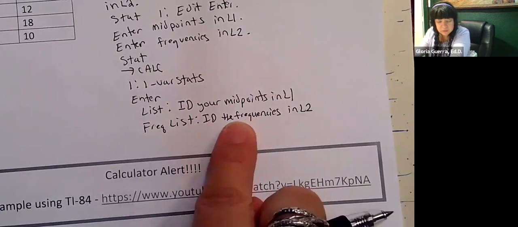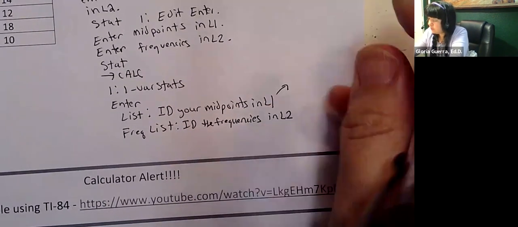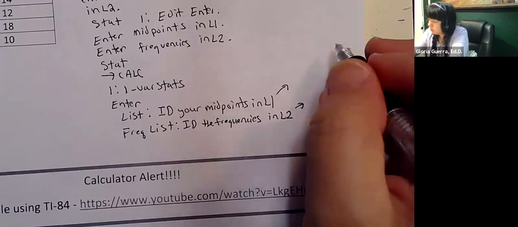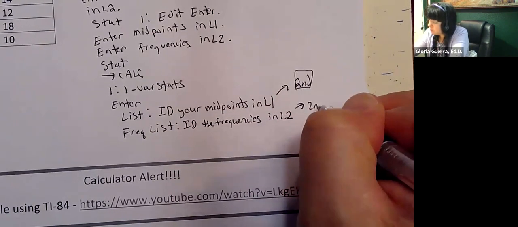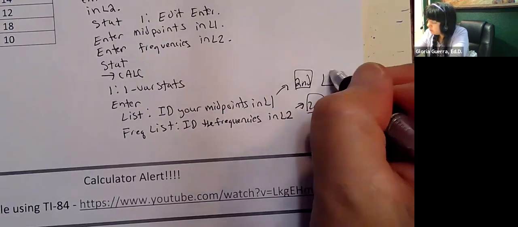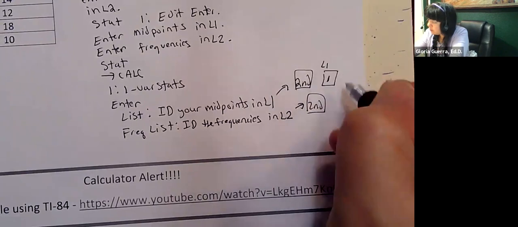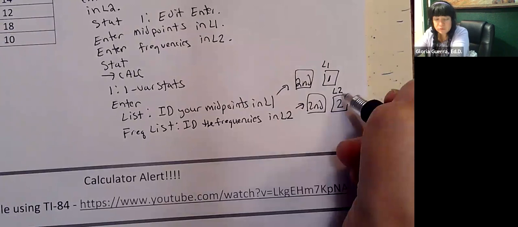Okay, so remember how to type these in L1 and L2. You would have to hit the second button, and then in this case hit 1, because right above 1 you have L1. Here you'd have to enter 2 because right above 2 you have that little L2.